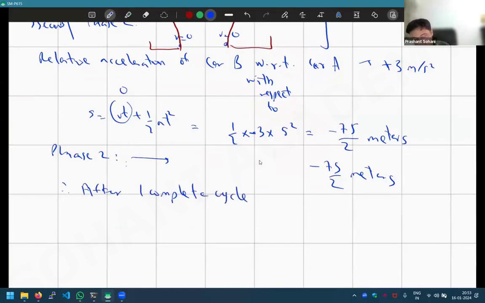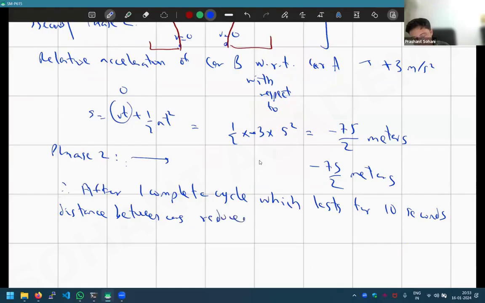So therefore, after one complete cycle of acceleration and deceleration, which lasts for 10 seconds, what is the net result of that? The distance between the cars has reduced by 75 by 2 plus 75 by 2, which is 75 meters.